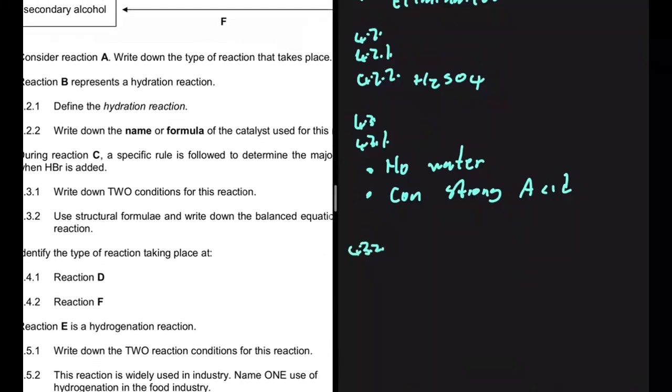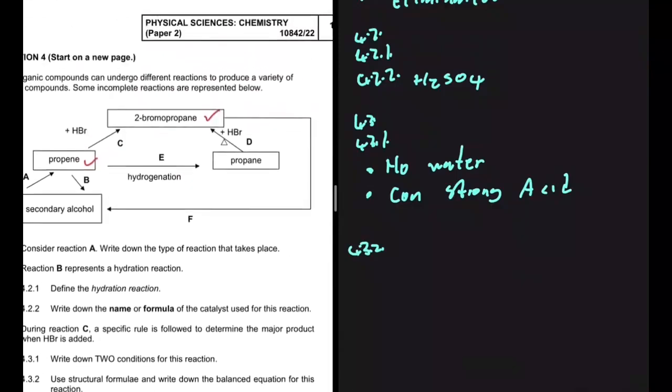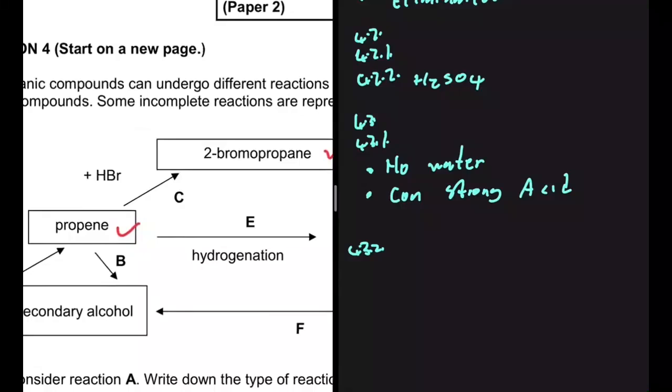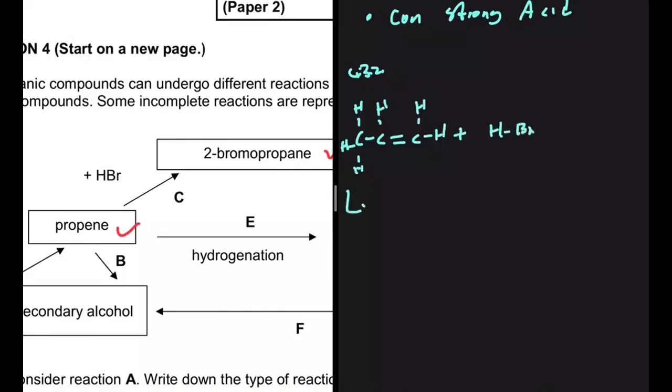4.3.2, use structural formula and write down the balanced equation for this reaction. So propene plus HBr. Let's go ahead and do that. So we're going to have 1, 2, 3 carbons, right? So 1, 2. Now we just need to add our hydrogens, plus HBr to give us something.